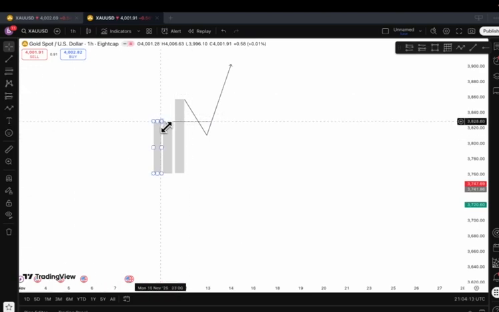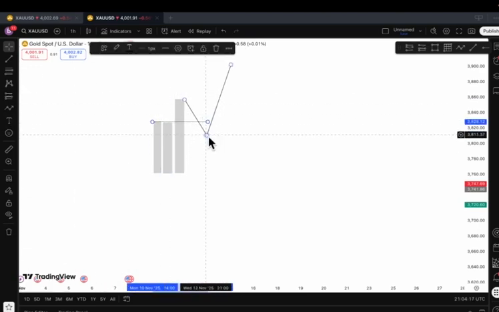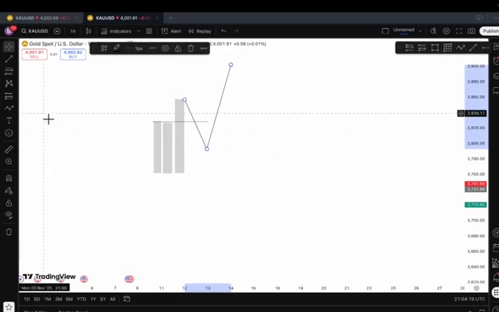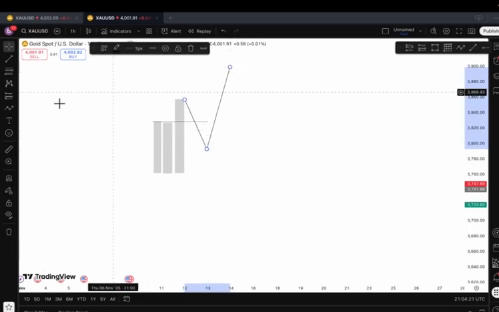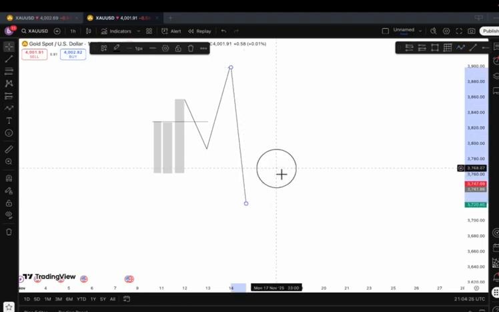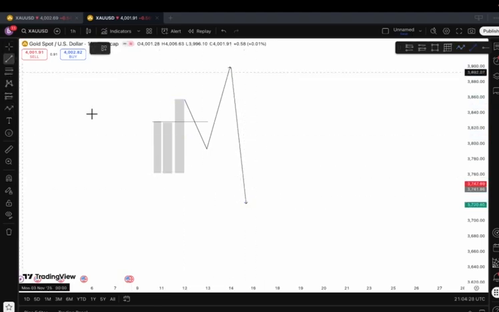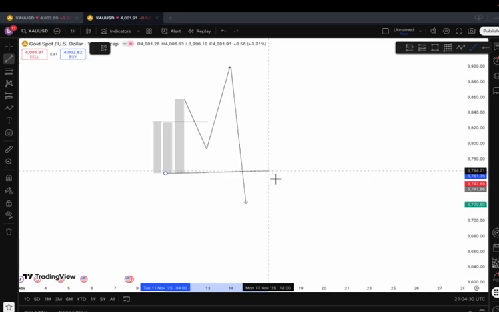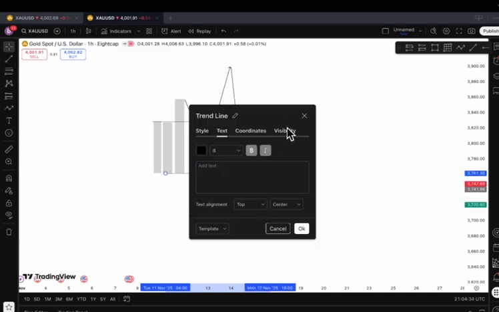Now, if this is our resistance that turned into a support, we're expecting a buy, and price tapped on 50% and then it bought, and later on price came back and took it out. The moment this zone is taken out with the body of the candle, this place here is now considered an inverse key level.